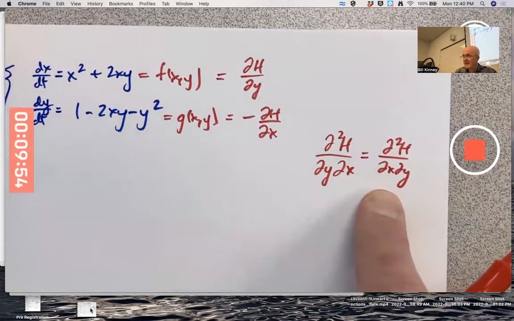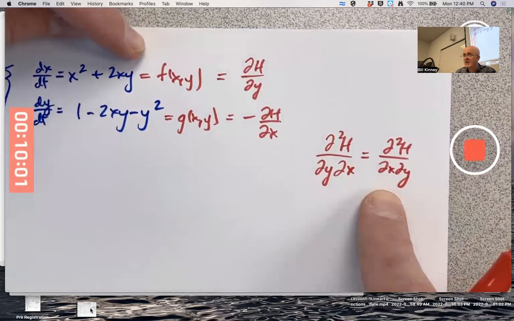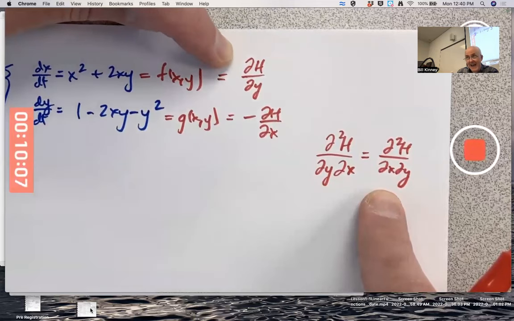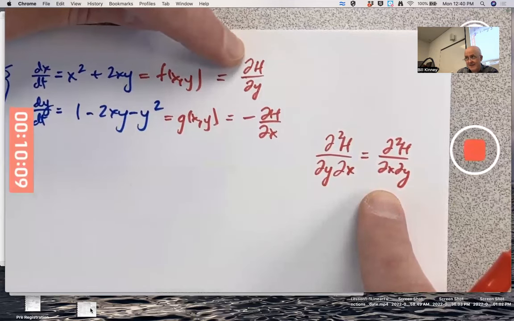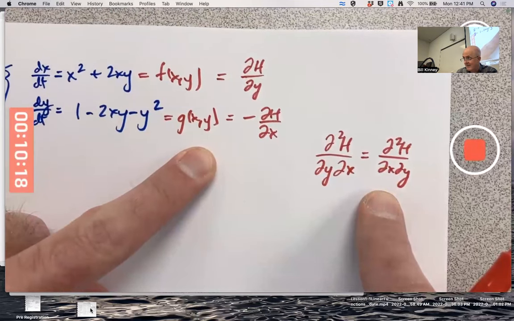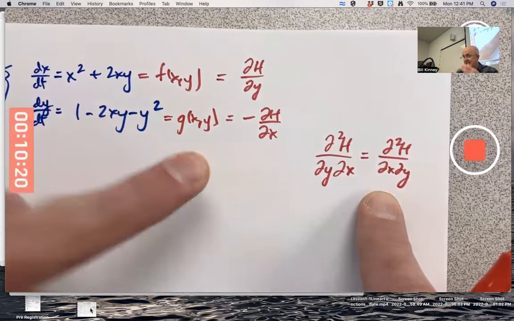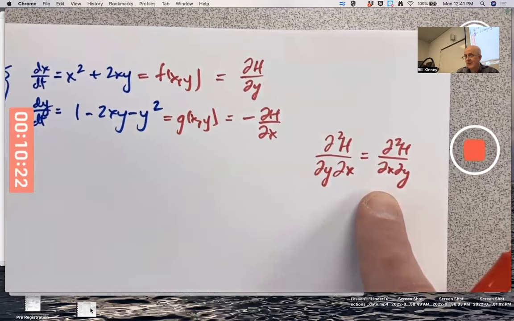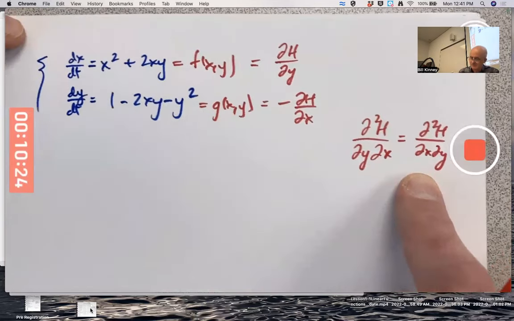This will be true for nice functions H. Therefore, coming back to the system of differential equations, if I differentiate f with respect to x, keeping in mind that if the system is Hamiltonian this will be a derivative with respect to y, it'll equal the opposite of the derivative of this one with respect to y. And that's the test to quickly see whether the system is Hamiltonian or not.